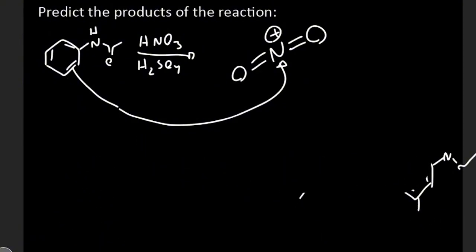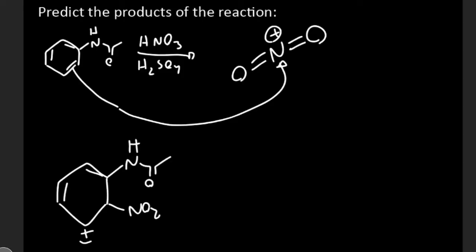So really, we're not going to do attack from the meta position. But let's imagine that we put it ortho. So right here. The structures would have a positive charge here. The other would have it here.